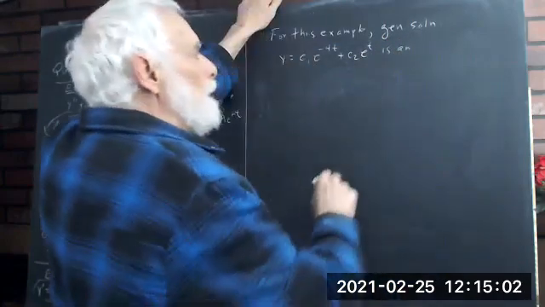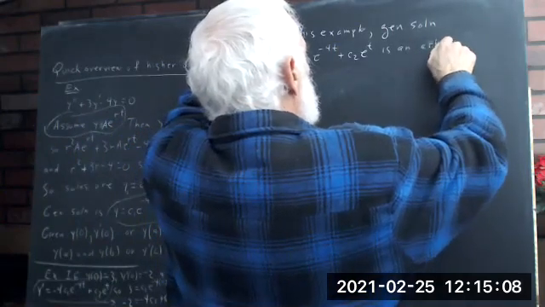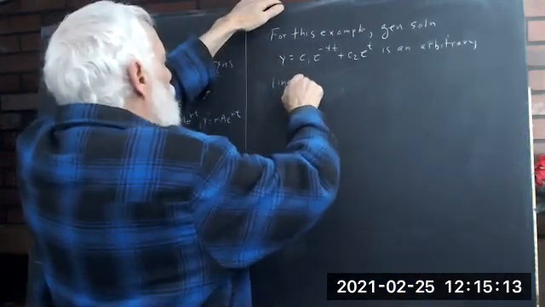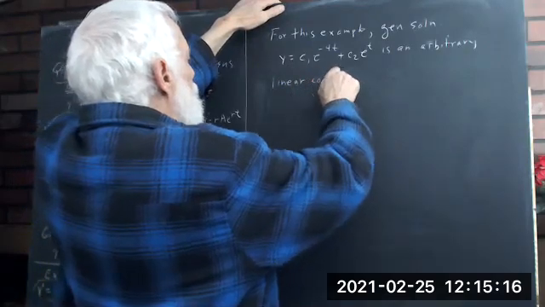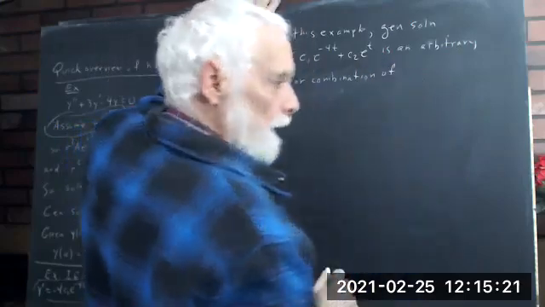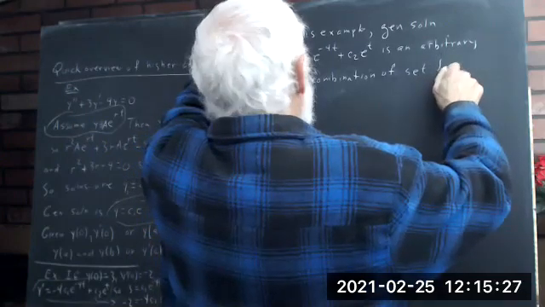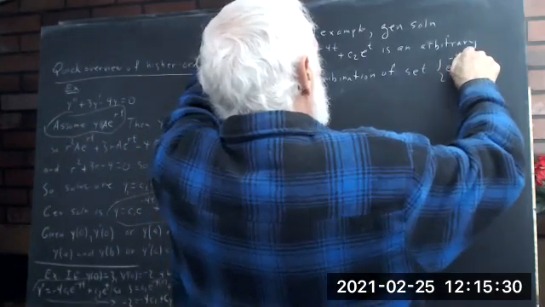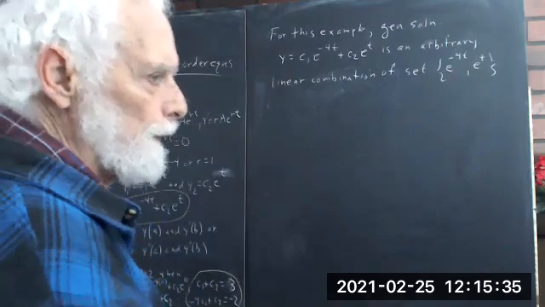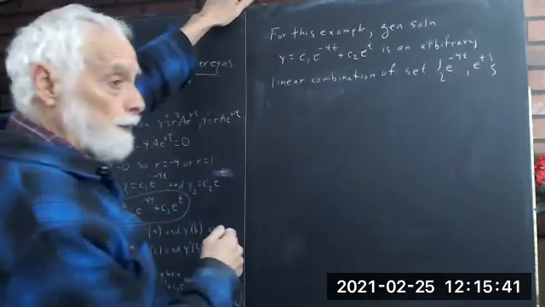It's an arbitrary linear combination of the set e to the negative 4t, e to the t. And I can say in terms of linear algebra, and you want to be sure you maintain this terminology.